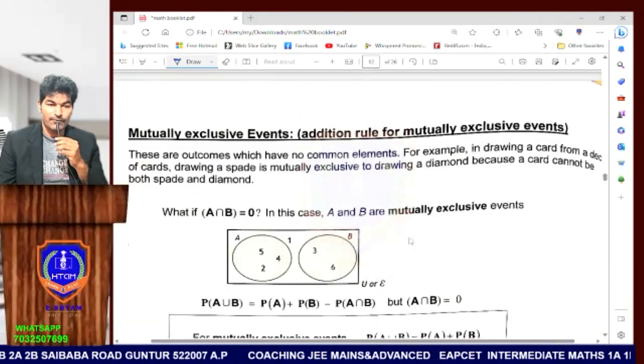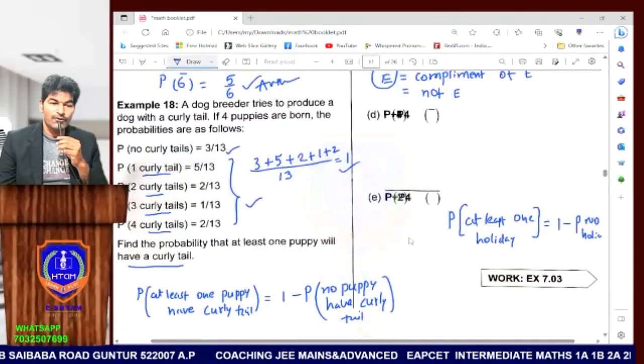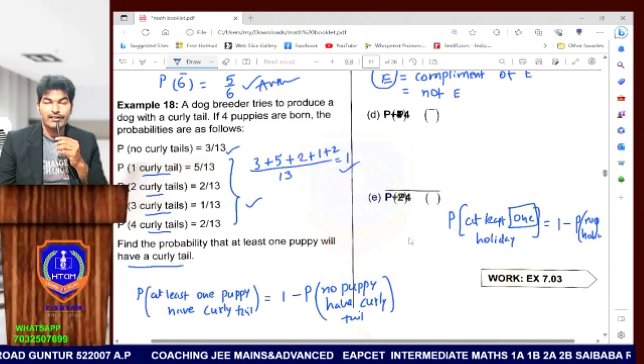No holiday you have to write. 1 minus the probability of no holiday. Understood? 1 minus no. This will work only for the case of at least 1.